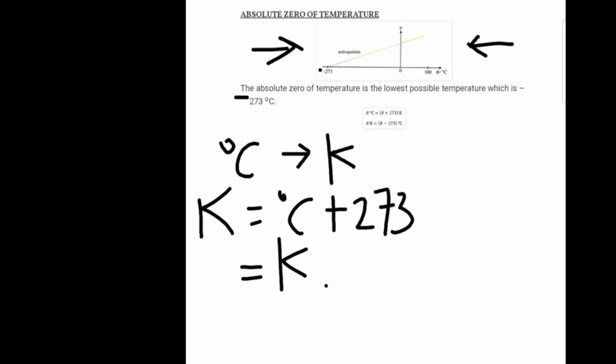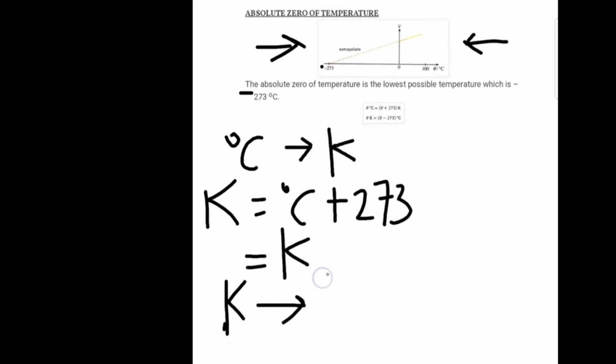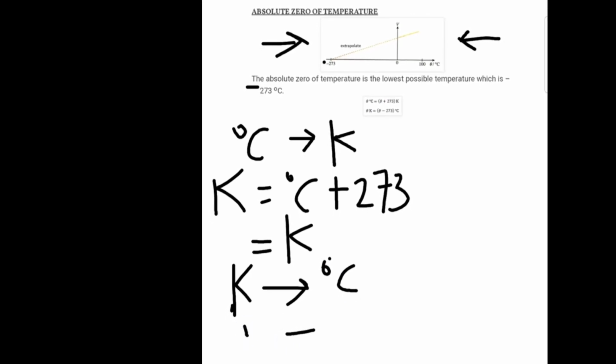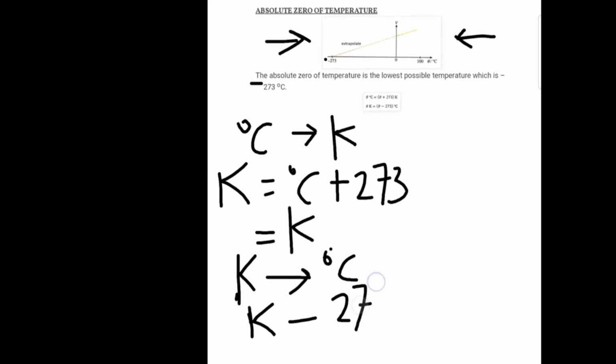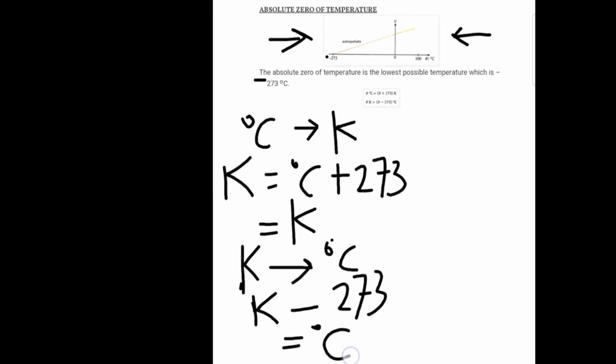And to convert Kelvin to degrees Celsius, we do the opposite, which is K minus 273. Then we will get the temperature in degrees Celsius.